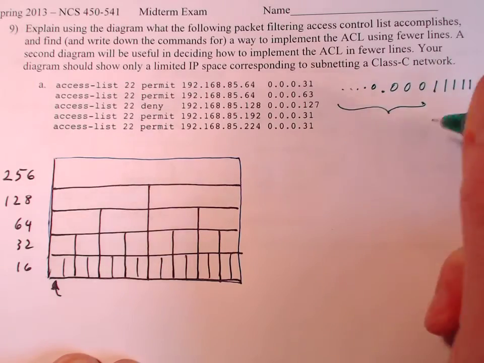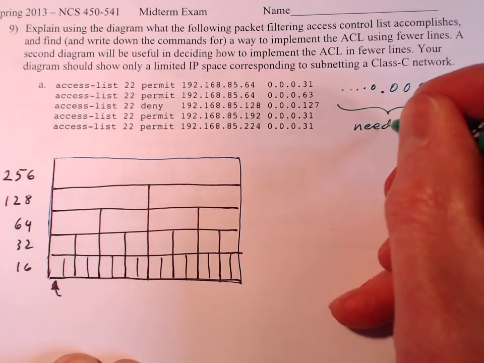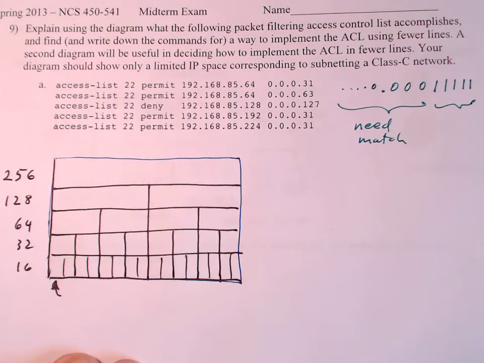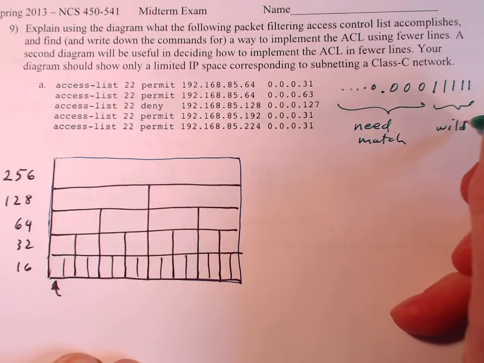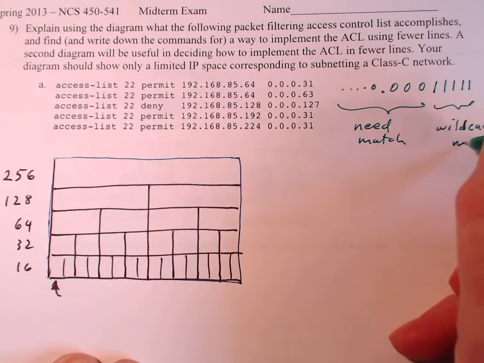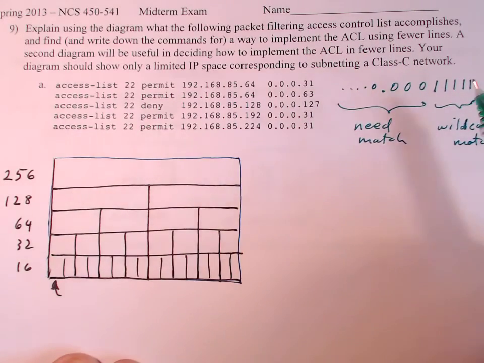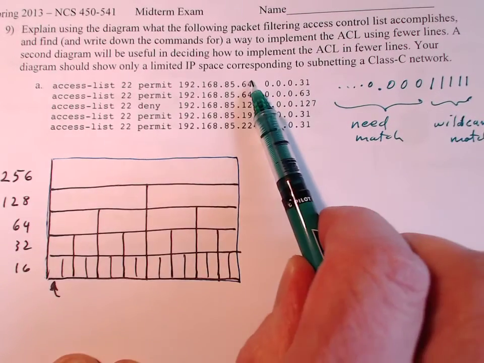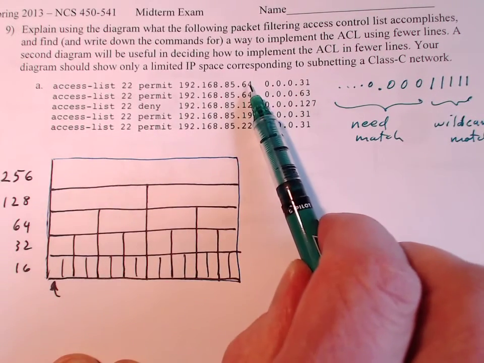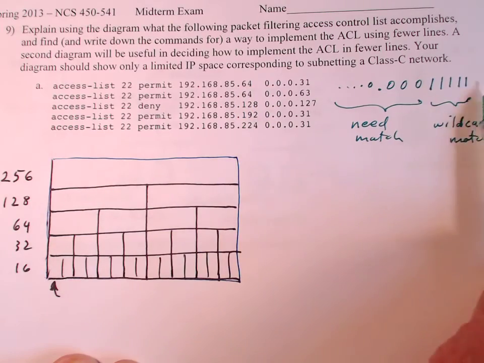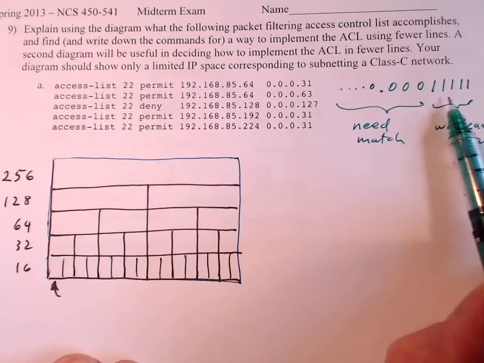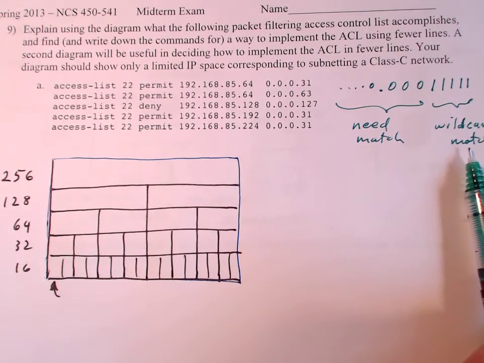For the zeros, we need a match, and for the ones, that's the wildcard match. And so the last 5 bits can be anything, and it matches. So you take this address and let the last 5 bits range from 0 to 31, and they all match because it's only those last 5 bits that are changing.